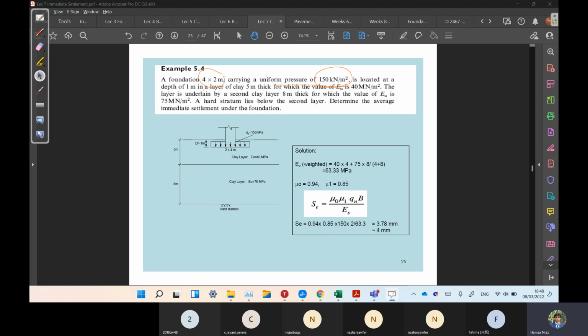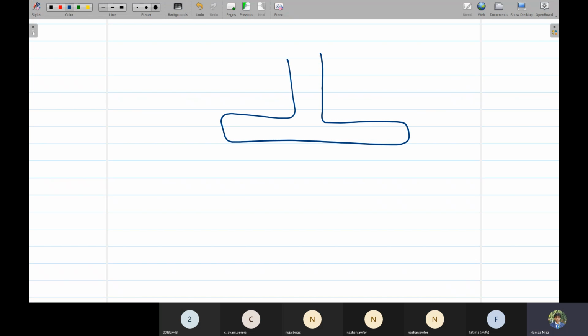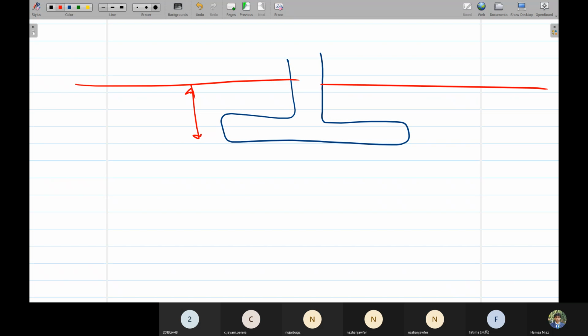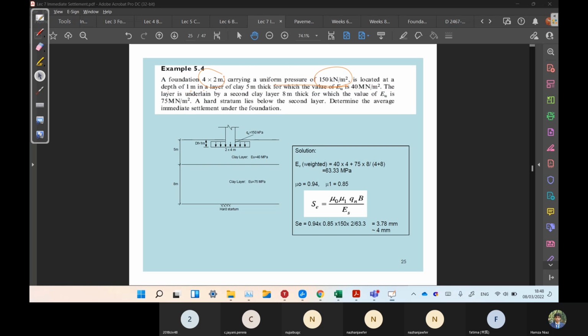The foundation is lying at a depth of 1 meter. For example, this is the foundation, and the depth of foundation is 1 meter. In a layer, there is a 5 meter thick layer and below that a 12 meter thick layer.